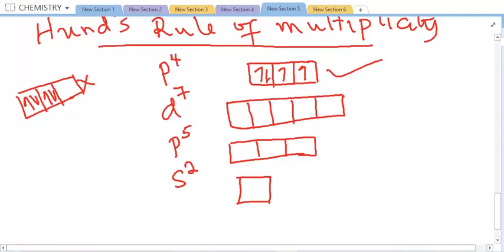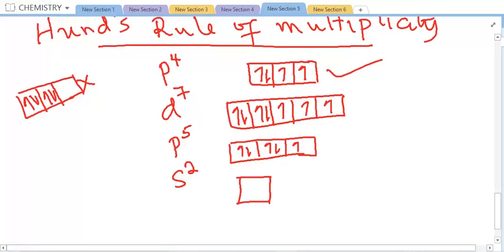For this d that has 7: 1, 2, 3, 4, 5, 6, 7. That is Hund's rule of multiplicity. For this p that has 5: 1, 2, 3, 4, 5.